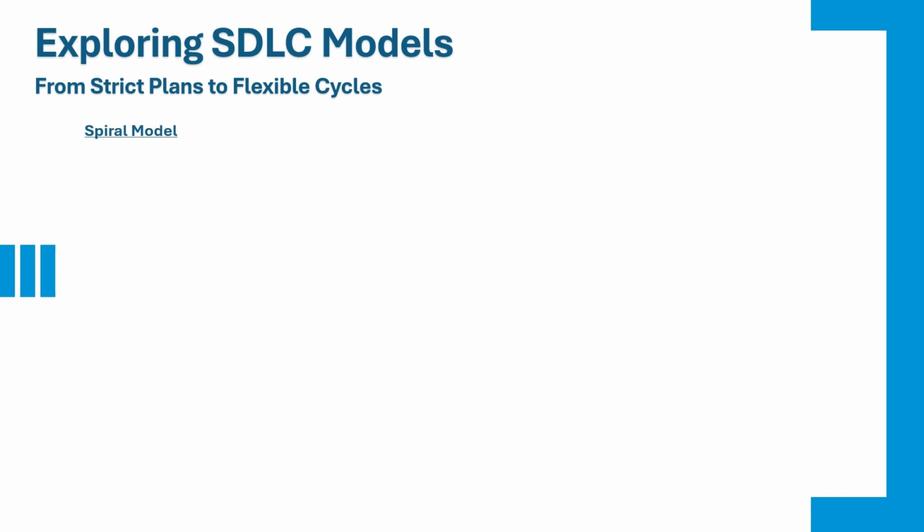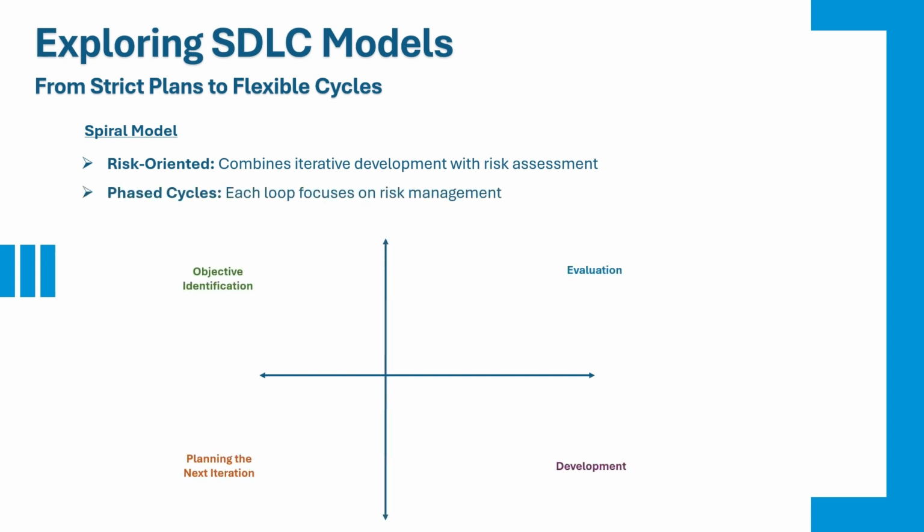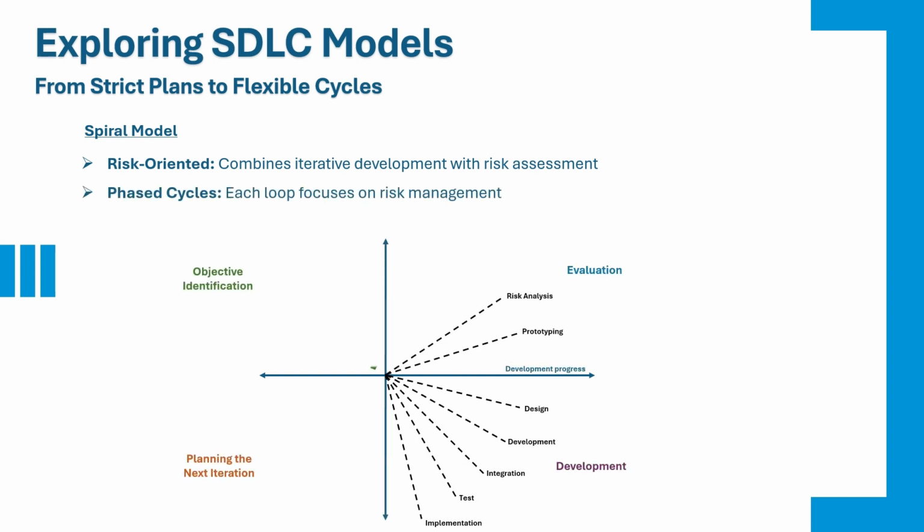Finally, we have the Spiral model. Think of it as a combination of the Waterfall and Agile models, with an emphasis on risk management. In this approach, the project passes through multiple phases: objective identification, risk analysis and prototyping, development and testing, and planning for the next iteration, in a series of spirals or loops.